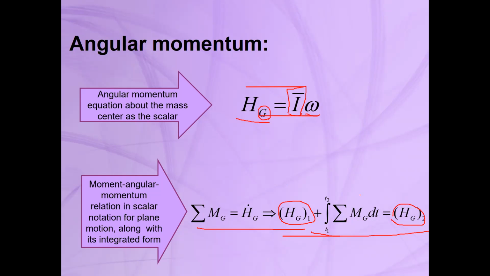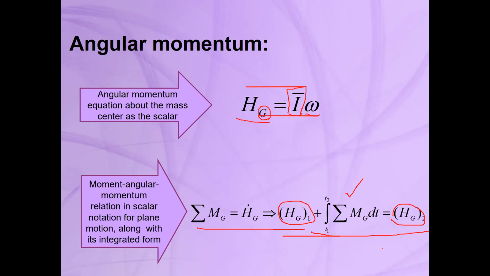So again, from this integrated form, similar to the linear momentum, you can extract the angular velocity directly from this equation using the relation between the moment and the angular velocity. In this chapter, we usually use this equation to extract the angular momentum and the angular velocity in the final position.